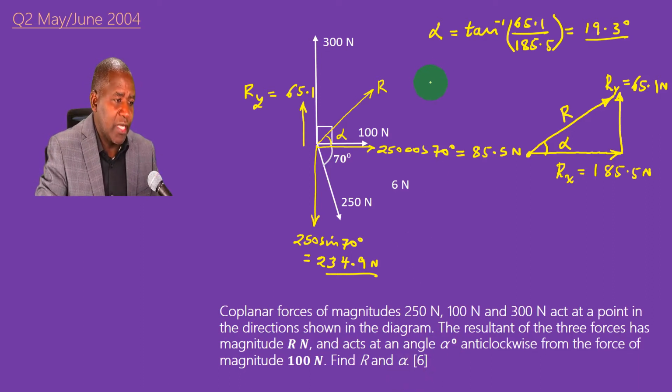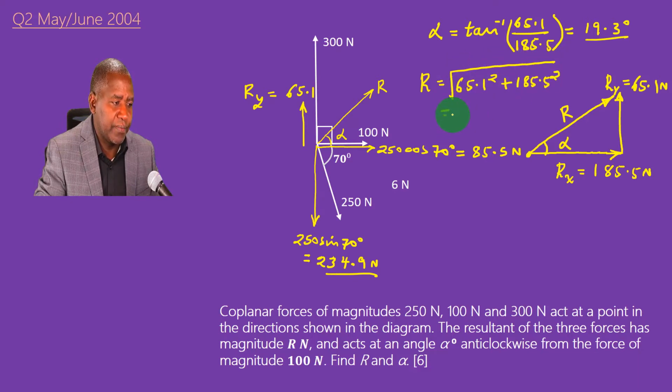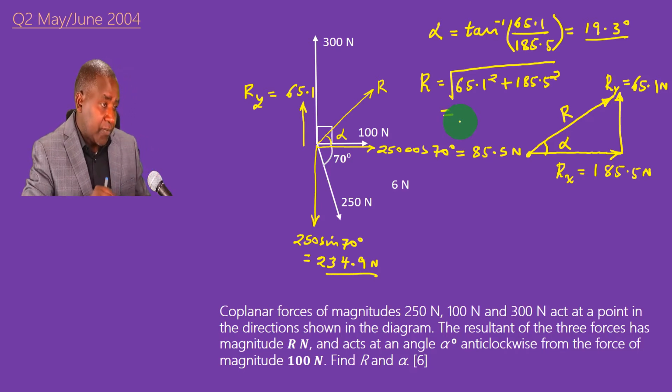How about getting the value of R? Getting the value of R is very easy because I just need to use Pythagoras theorem. 65.1 squared plus 185.5 squared, everything square root. And so I'm going to have 65.1 squared.